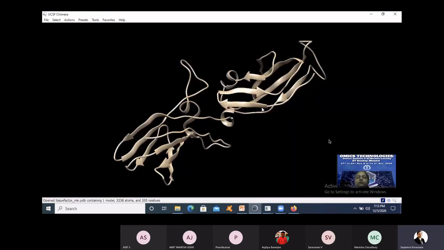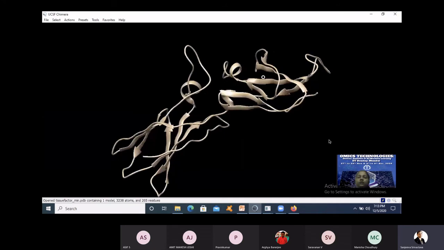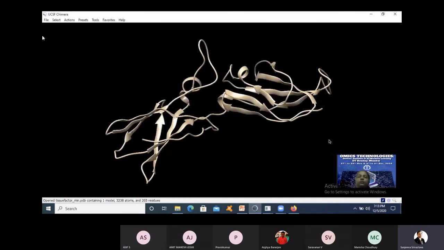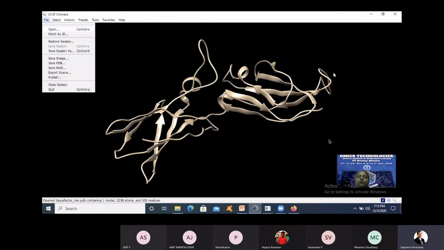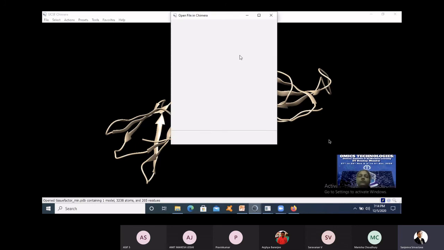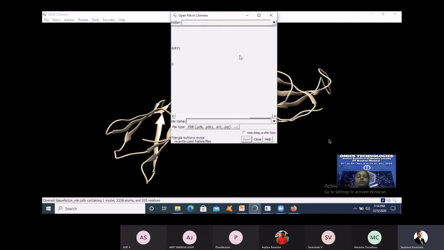Now this is only the tissue factor protein. Now I also want to see the receptor protein, which has the heavy and light chain, after it got docked with the tissue factor, so it has formed a complex.